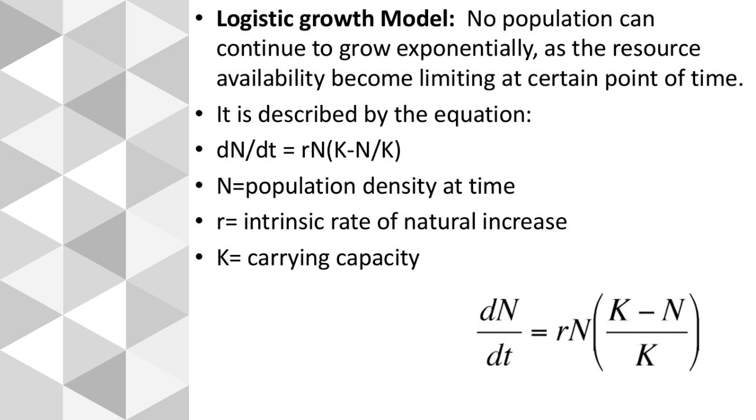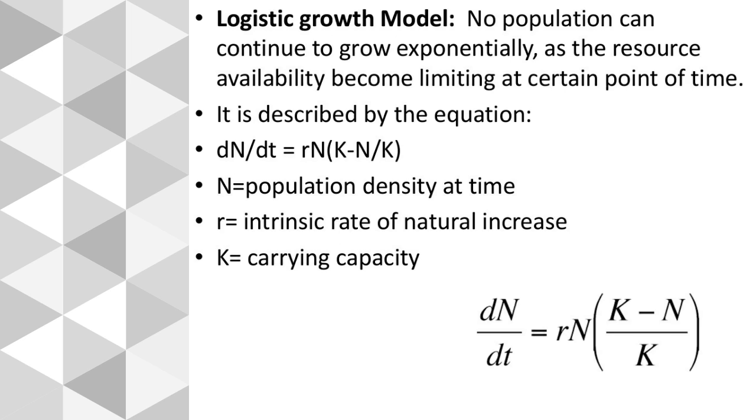Logistic growth model. No population can continue to grow exponentially as the resource availability becomes limiting at a certain point of time. It is described by the equation dN by dt equals rN (K minus N) upon K. N is the population density at time t, r is the intrinsic rate of natural increase, and K is the carrying capacity.